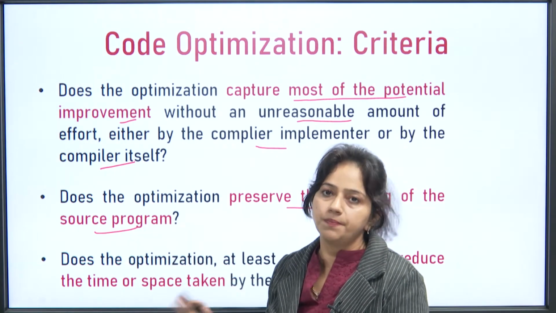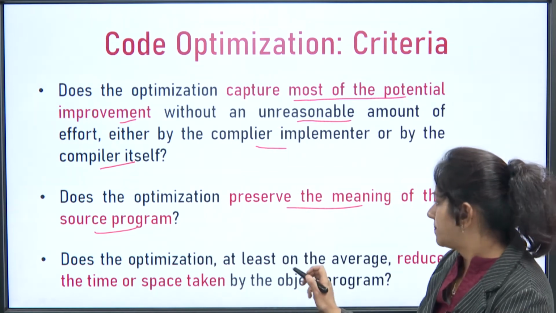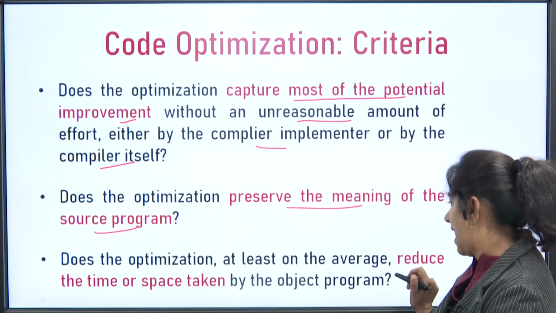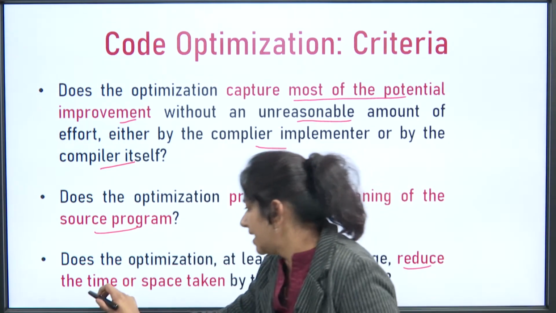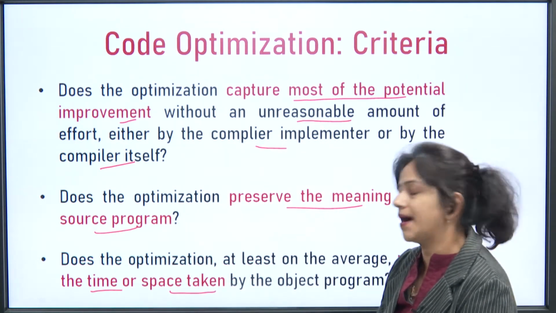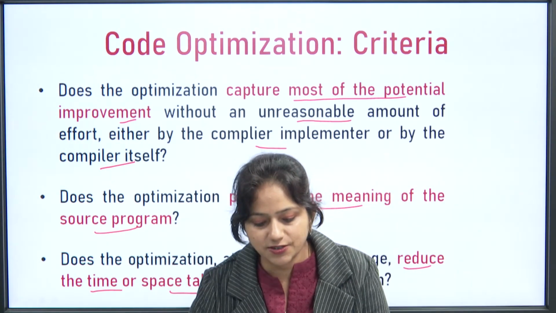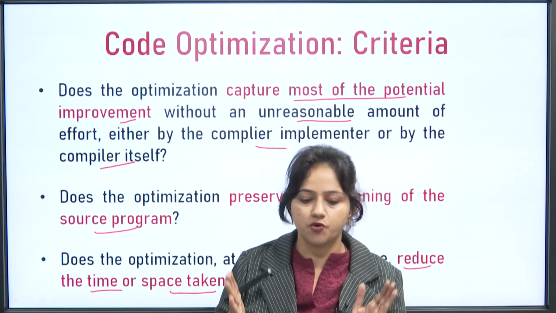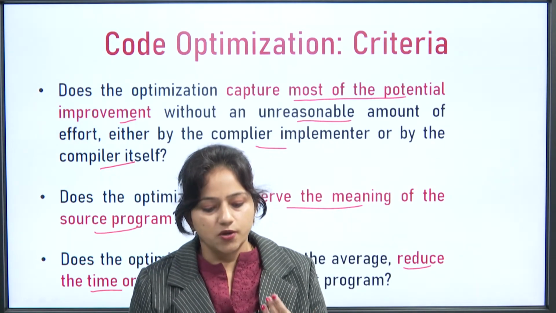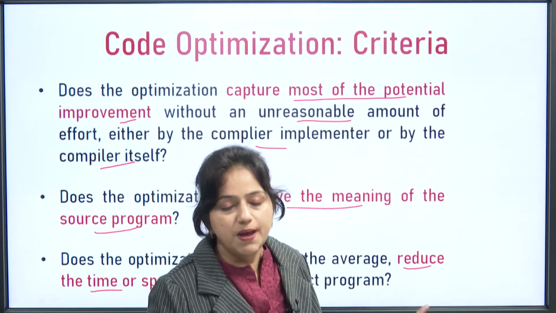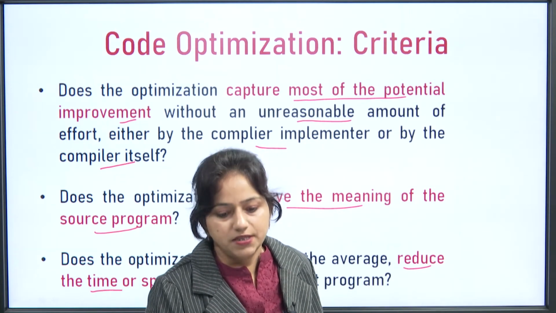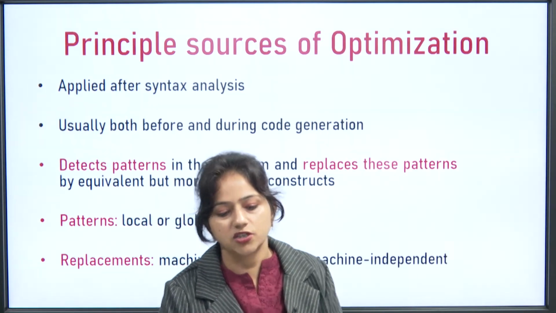Third, does the optimization at least on average reduce the time as well as the space taken by the object program? It should on average be better on these two parameters after performing the optimization techniques.